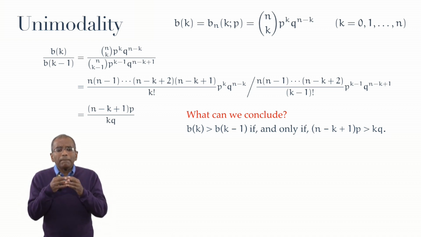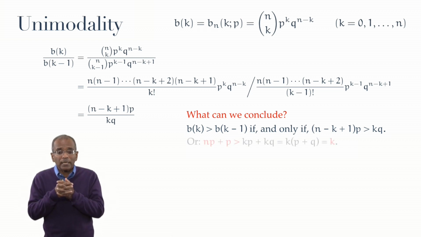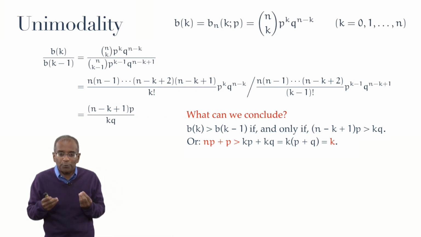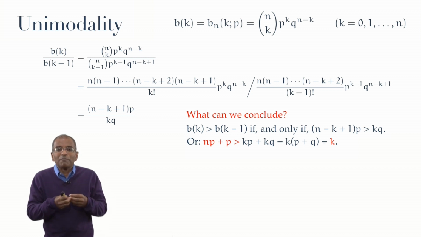Take the quantity minus k times p on the left of the inequality to the right-hand side. And now our inequality is transformed into saying n times p plus p exceeds k times p plus k times q. We feel irresistibly compelled to factor out k on the right, leaving k times p plus q.